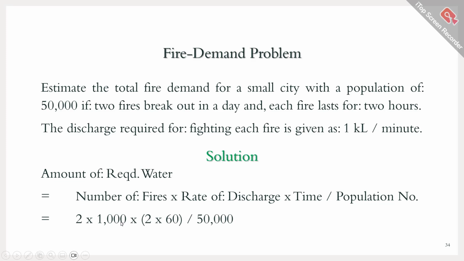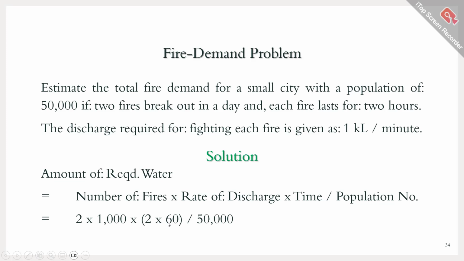The rate of discharge is given as 1 kiloliter per minute. So this we have converted into 1000 liters, and per minute we have kept the same. This time equals 2 hours because each fire lasts for 2 hours.